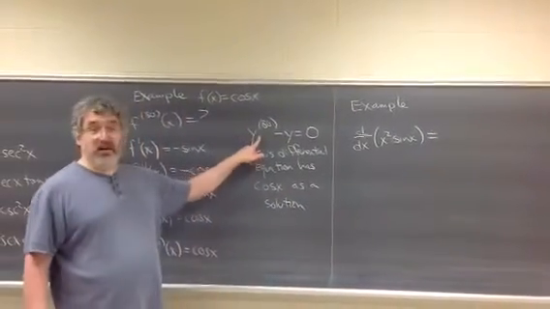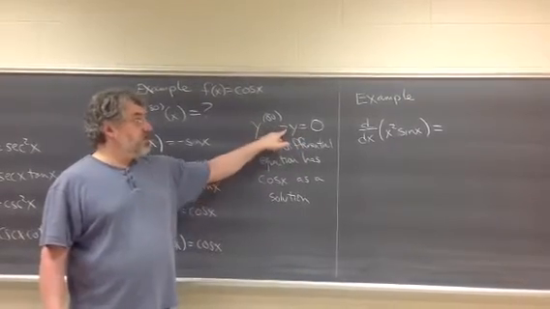Why? Because this is the cosine of x, this is the cosine of x. Cosine of x minus cosine of x is 0.